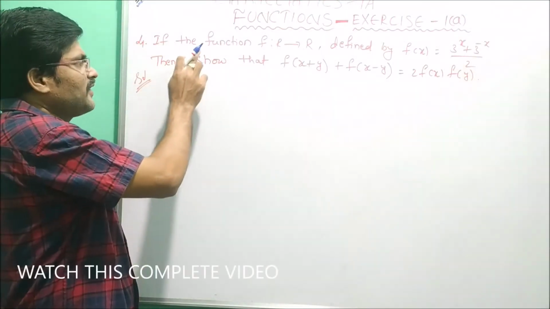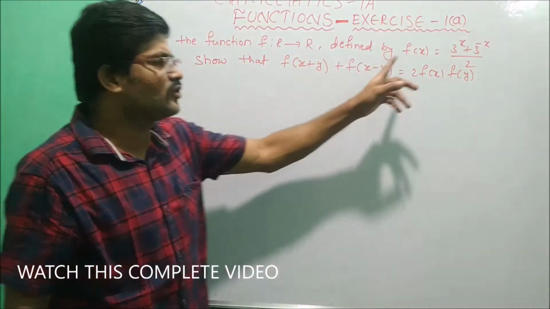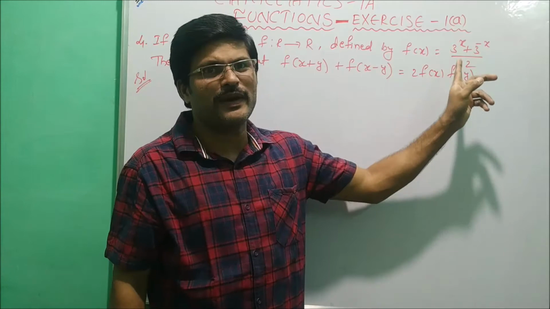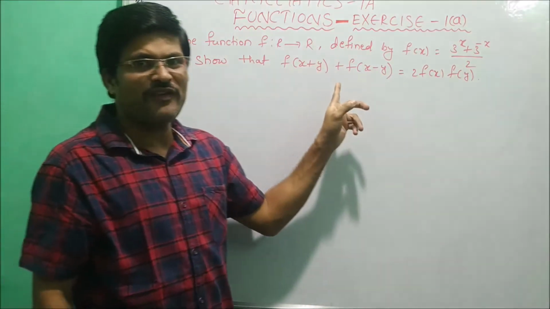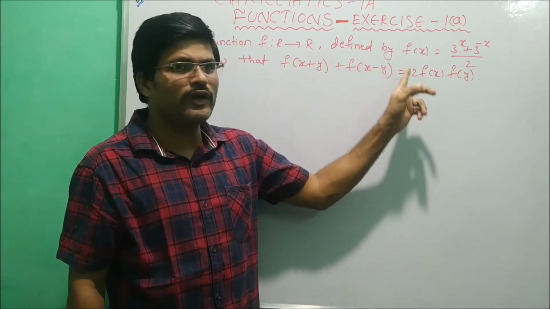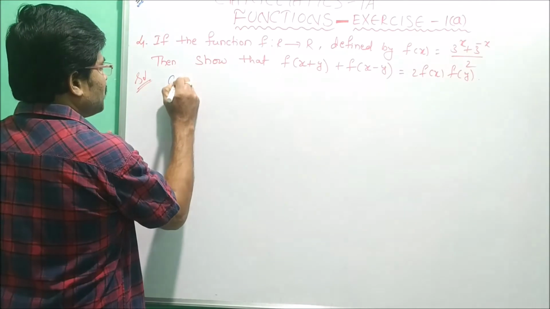Now the fourth one is: if the function f from R to R is defined by f(x) = (3^x + 3^(-x))/2, then show that the condition f(x + y) + f(x - y) = 2 f(x) f(y).